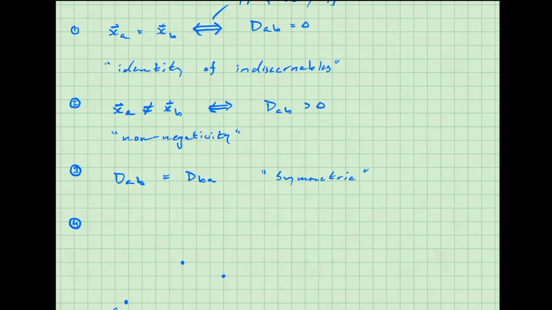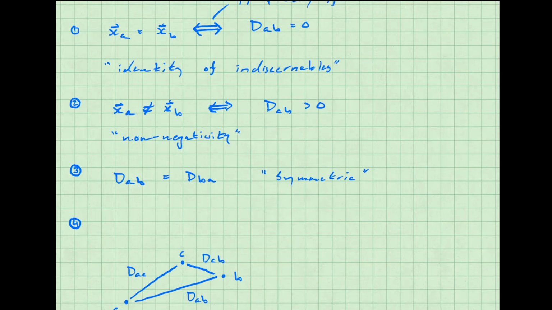So let's say this is A, B, and C. I got B over here and C there. So this guy is distance DAC, this guy is distance DAB, and this one, of course, is DCB.